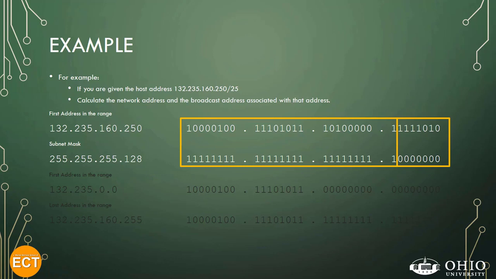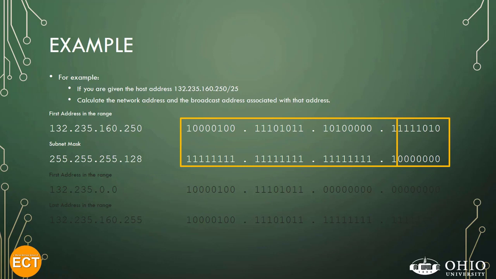The first step in this process is to convert the dotted decimal over to a binary form. We're going to use the dotted binary form again because it's easier to see the relationship back to the dotted decimal.